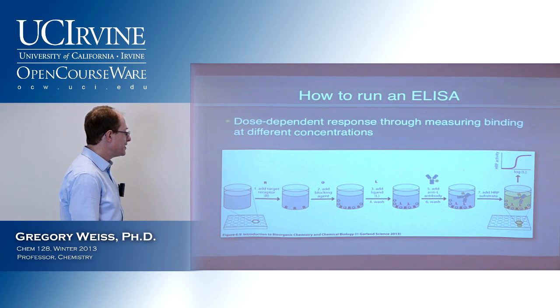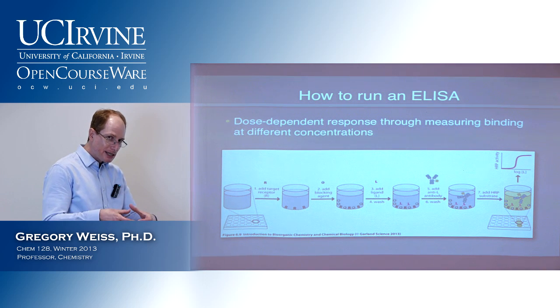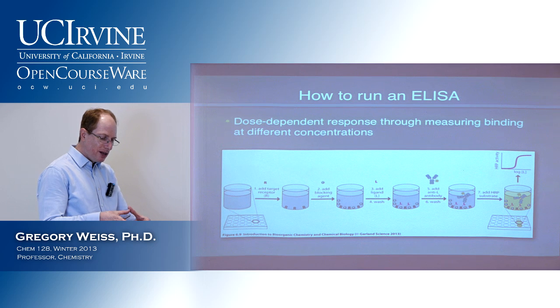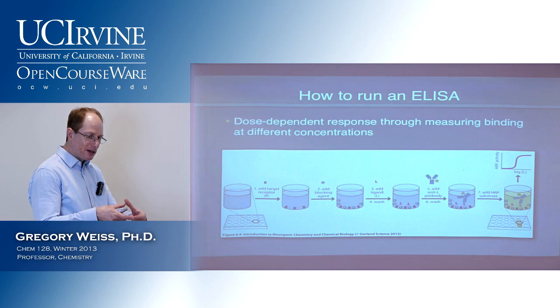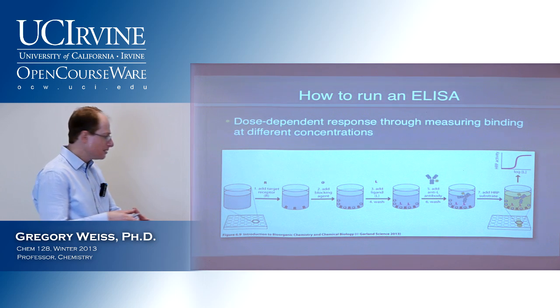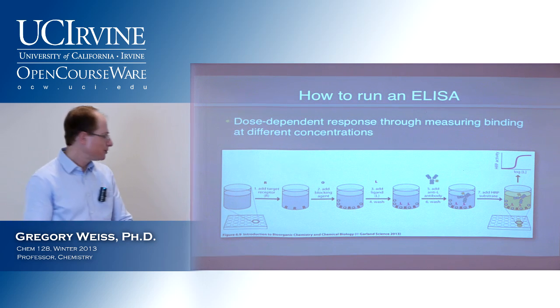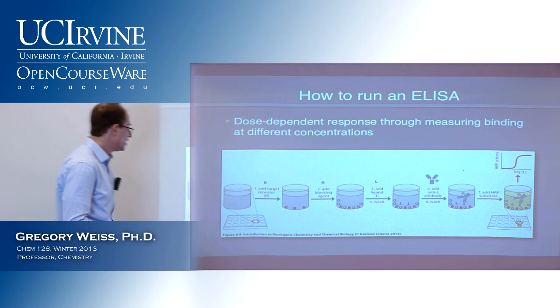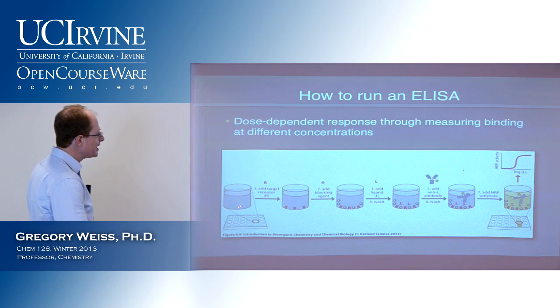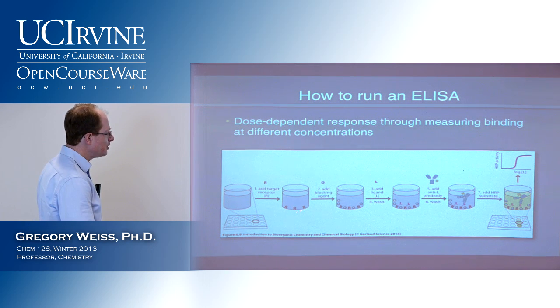We use plates, and I think I've talked about those before. They're called ELISA plates, colloquially in the lab, and these plates have 96 wells on them. Each well can be coated so that the surface is coated with the receptor. Here's the receptor down here.